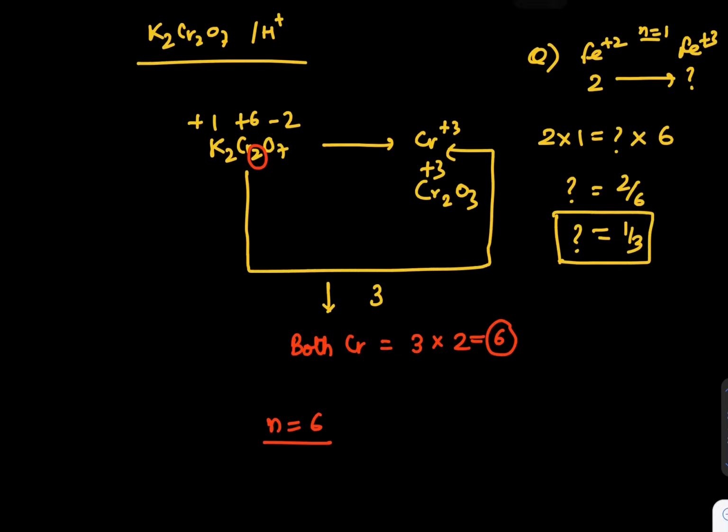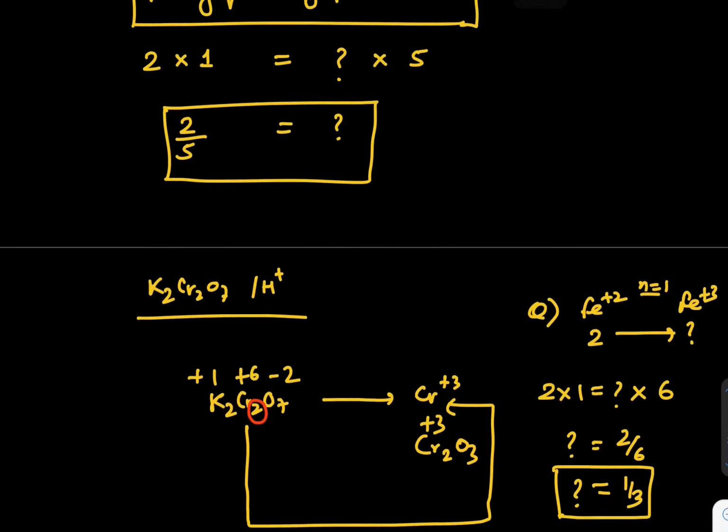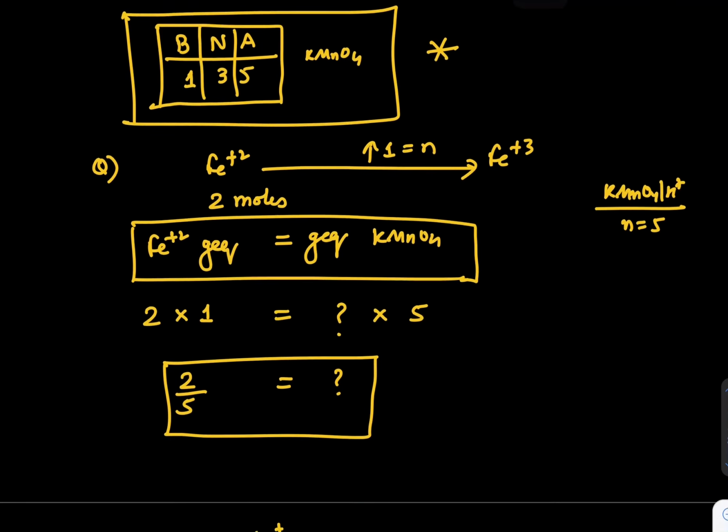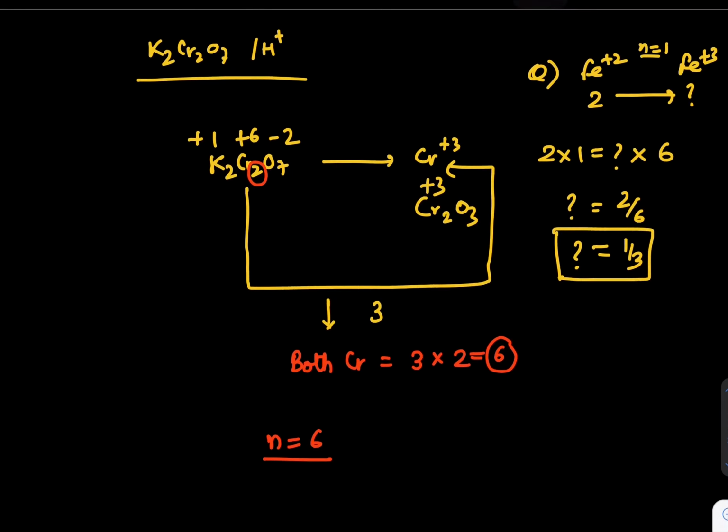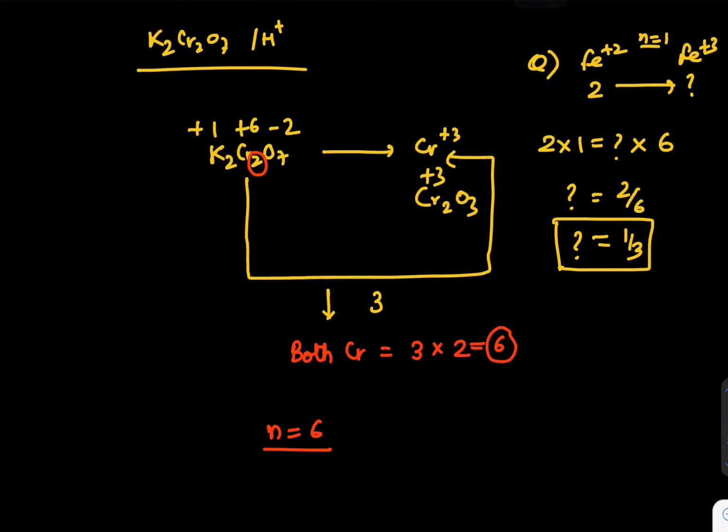So 1 by 3 moles of this is sufficient for the same kind of titration. Or if you come back here, you needed 2 by 5. So if they ask which is a better oxidizing agent out of these two for this reaction, we can say 1 mole of this is giving you 6 gram equivalents, whereas the other one is giving you only 5 gram equivalents. Hence K2Cr2O7 is required in lesser amount. Hence it is a better oxidizing agent.